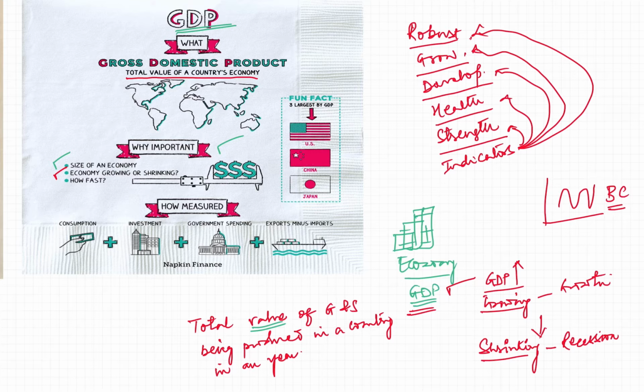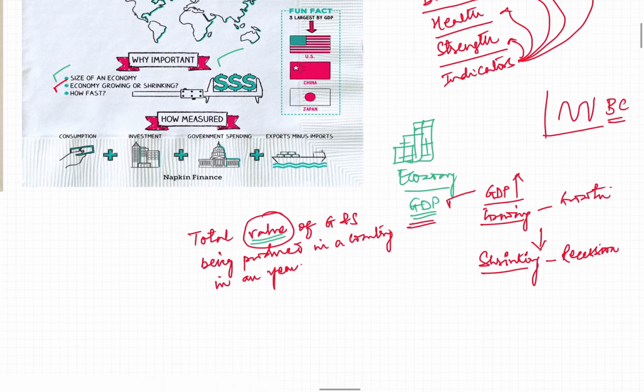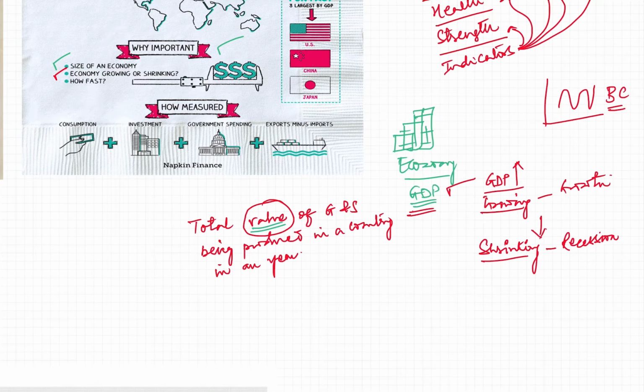So the value of GDP reflects whether the economy is growing or shrinking. Also, we keep on hearing that our economy's growth rate has gone up. Sometimes we hear the growth rate has come down or it has plateaued.